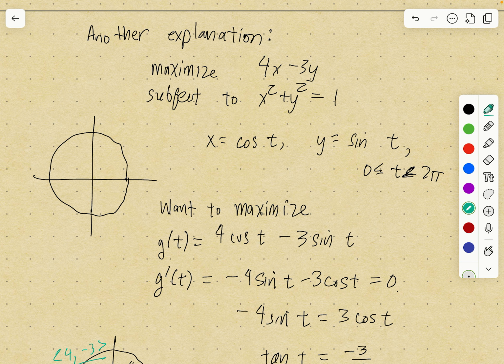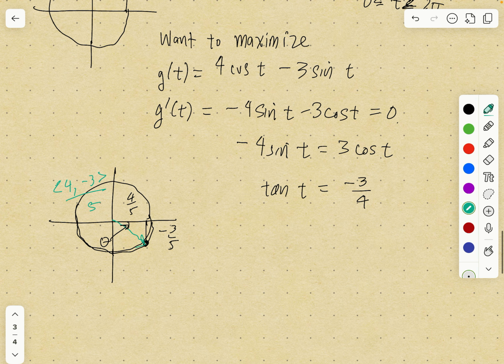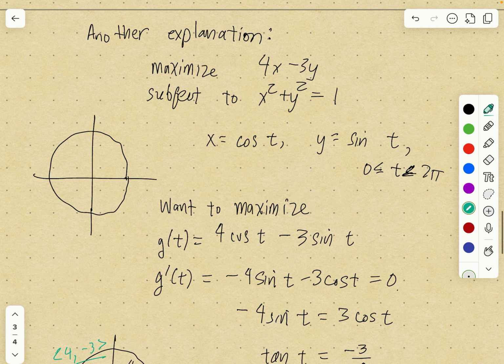So that gives you another way of thinking. It's kind of the same idea as using this fact about the dot product, but slightly different. The first way we saw that 4x minus 3y is the dot product, and then we used this fact about the dot product.